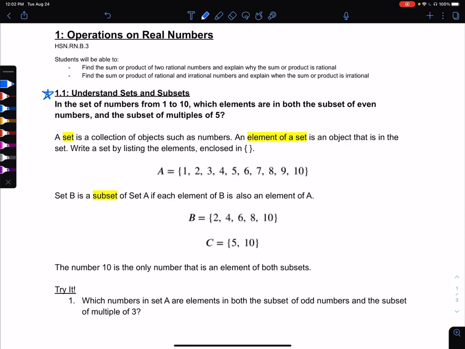Just want to point out a couple of things so we can go over some vocabulary and be familiar with sets and subsets. So a set is a collection of objects such as numbers, and an element of a set is an object that is in that set. Write a set by listing the elements enclosed in these curly brackets here. So this A is the name of the set.